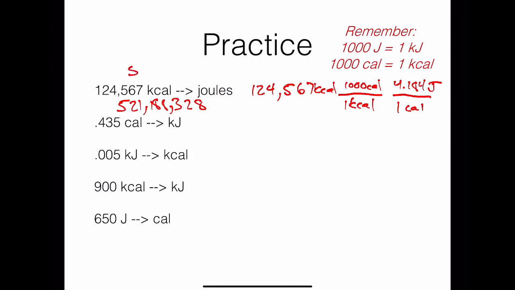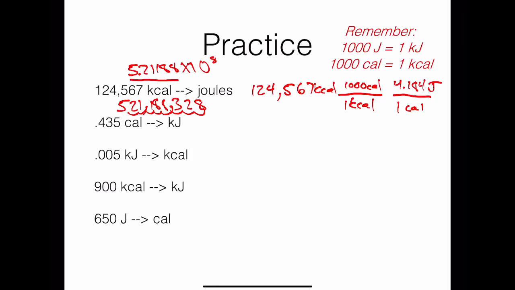That answer would end up being 521,188 times 10 to the 8th. Remember, the mantissa needs to include all of your sig figs. So this would be our correct answer.